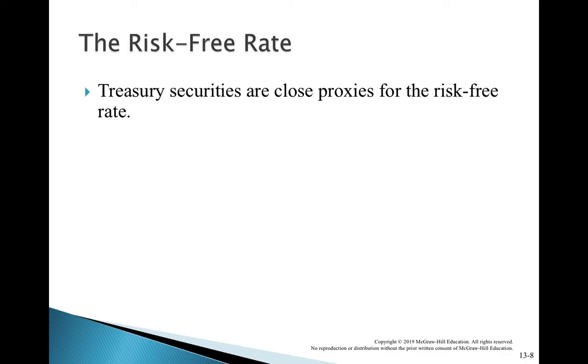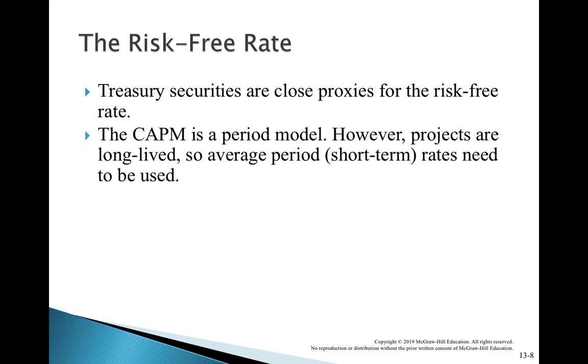In the treasury, again, you have short-term and long-term: treasury bills, treasury notes, treasury bonds. So which one should we take? CAPM is a period model, because beta is calculated for a period: weekly returns for 3 years, 5 years, or maybe 7 years.